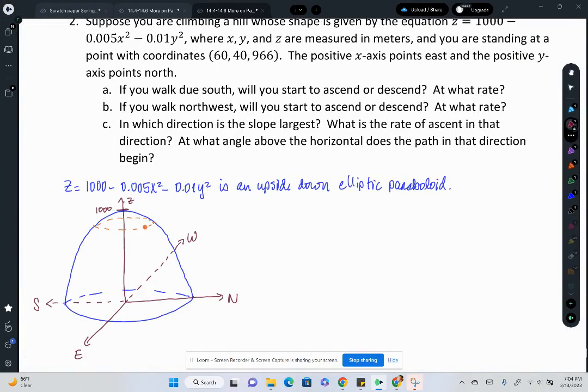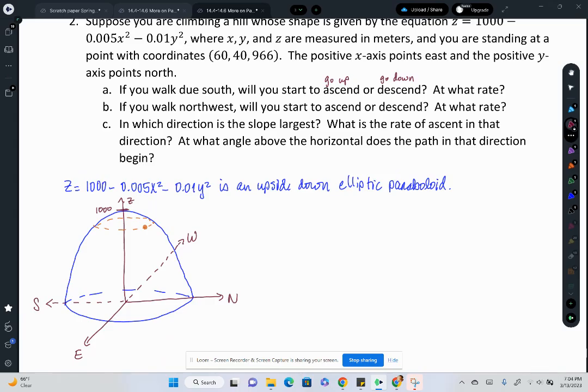And this picture is worth a million dollars right now because I can actually answer parts A and B without doing the work, but I can't tell you the rate. The questions are asking whether we're going to ascend, which means go up, or descend, which means go down. If you walk due south, heading towards the negative y-axis on the paraboloid, not going around the paraboloid, but just starting to walk due south, okay?